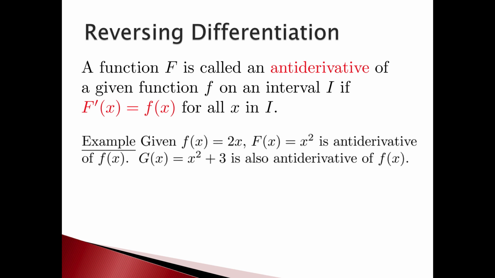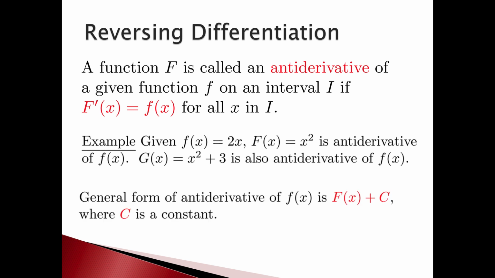So when CSI shows up, or NCIS or whatever your favorite crime drama is, to try to reconstruct the scene here and to figure out what function this was before it got horribly differentiated, the constant's missing because it turned into 0 and it's disappeared. So the forensics team can never recover what the constant was because it's gone now. It turned into 0 and it's just gone.